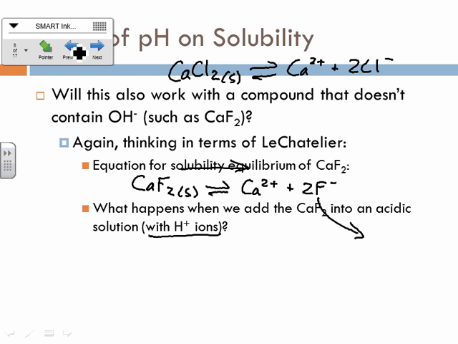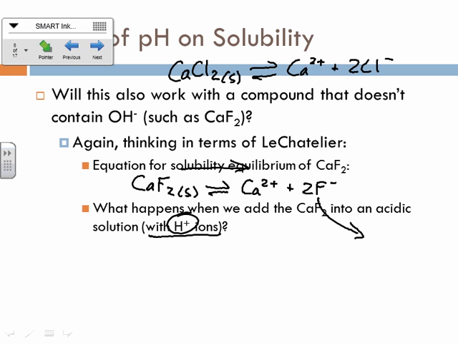Why not? Okay, because the H plus ions here are never going to combine with the Cl minus ions and take it out of solution, because that would form a strong acid, and that doesn't happen, right? Okay, so it has to be either a weak base or OH minus for this to work.